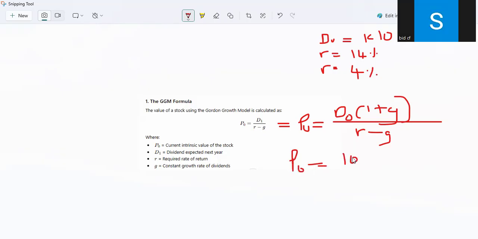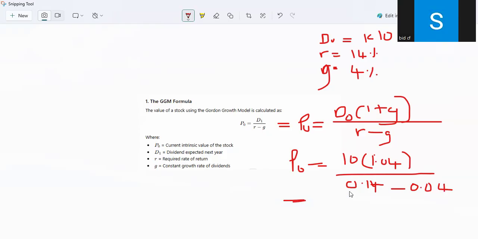D0, which is 10 kwacha, growth is 4%, so here we're going to put 1.04 over 0.14 minus 0.04.